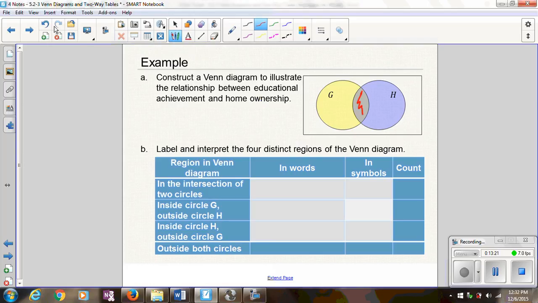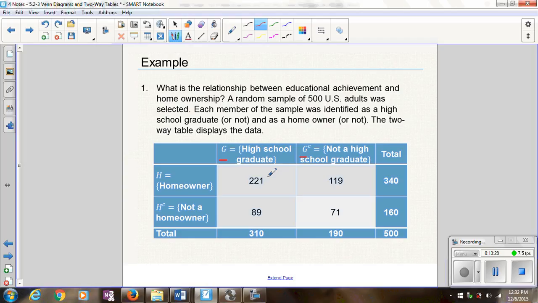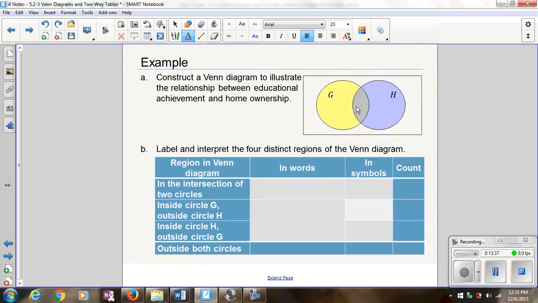So in that overlap is where I'm going to want to put the information of both, where they graduated from high school and own a home. So that's 221 people. So if I go back in here, I can type in 221 in the middle, because those are the people that have graduated from high school and own their home.